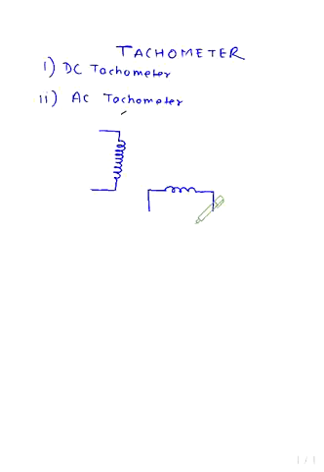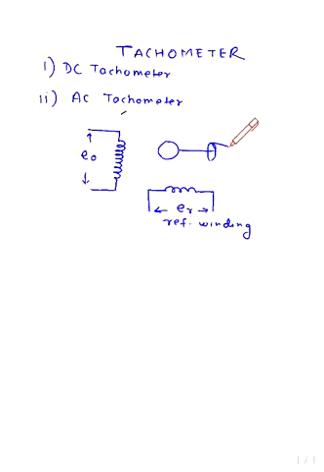One winding is called the reference winding, and this will be the other winding. E0 is the supply voltage, and that is the ER reference winding, and in between, the rotor is connected to the load. The load has inertia, and the speed will be theta or omega radian per second. So this is the rotor.